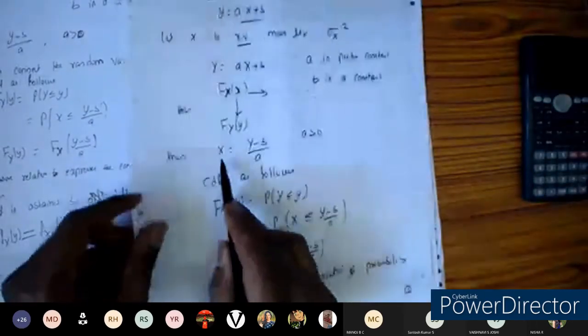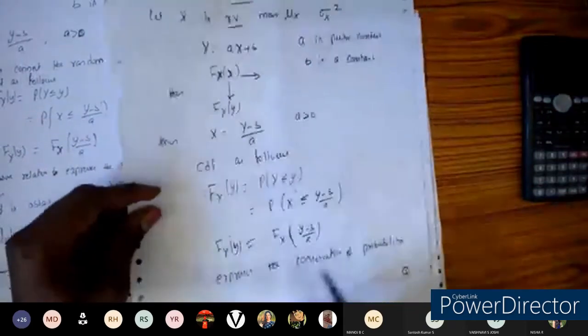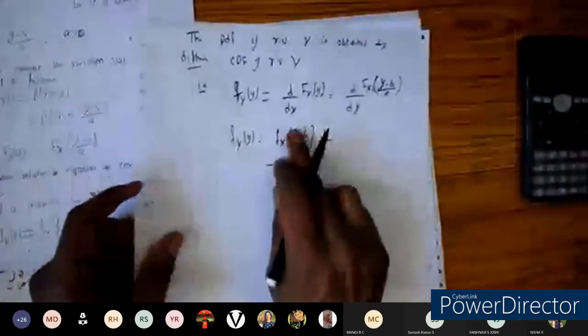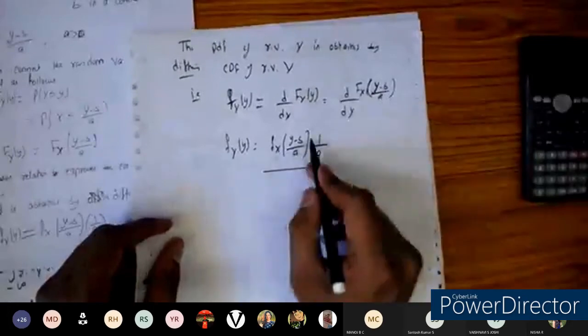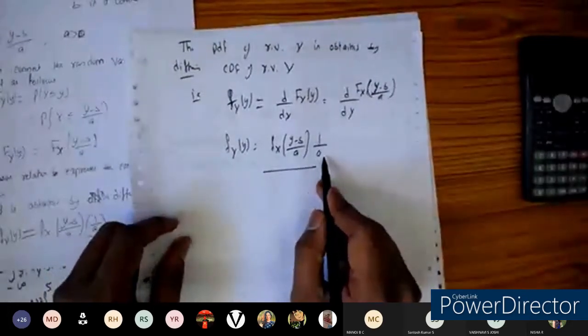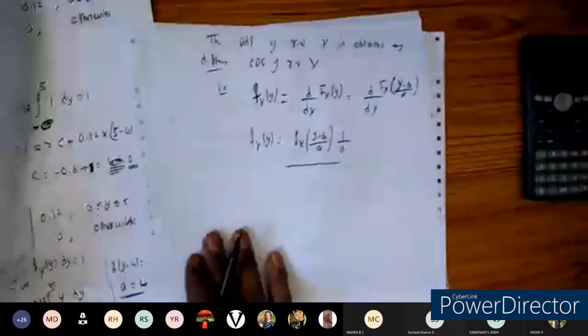We need to find the value of x here. If they give the CDF, that's fine. Or else if they give the PDF, we need to replace x with (y minus b) by a and multiply with 1 by a. That's the PDF of the new random variable y.